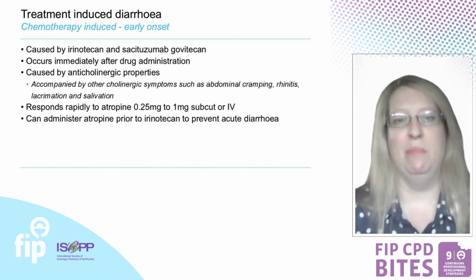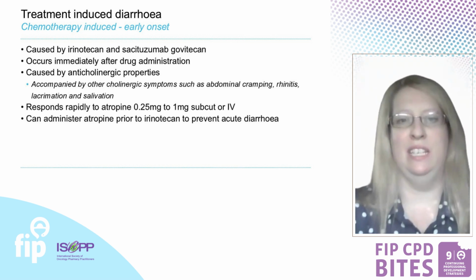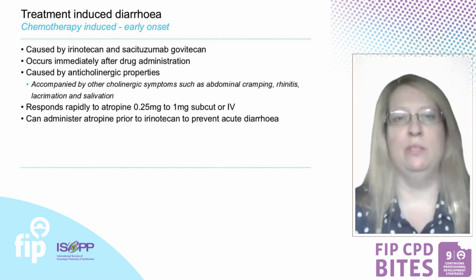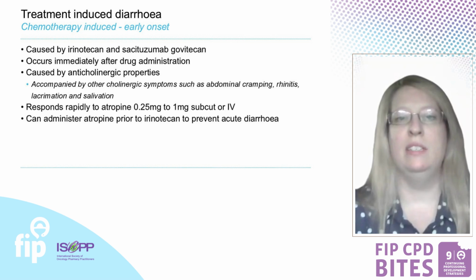Treatment-induced diarrhoea by chemotherapy can be split into early onset and delayed onset. Early onset chemotherapy-induced diarrhoea is caused by irinotecan and sacituzumab govitecan. It occurs immediately after drug administration and is caused by the anticholinergic properties of these drugs.